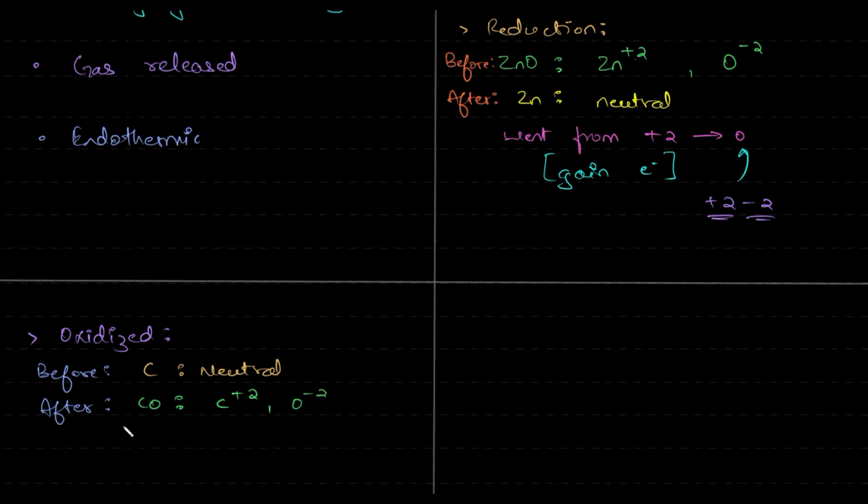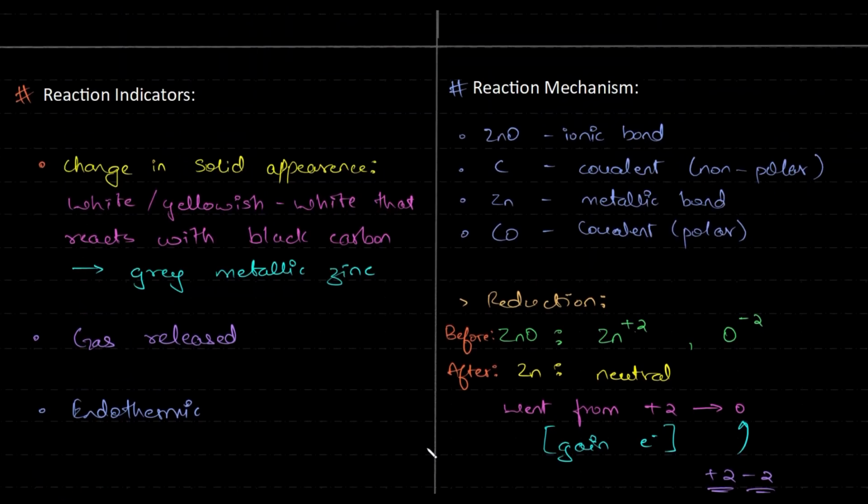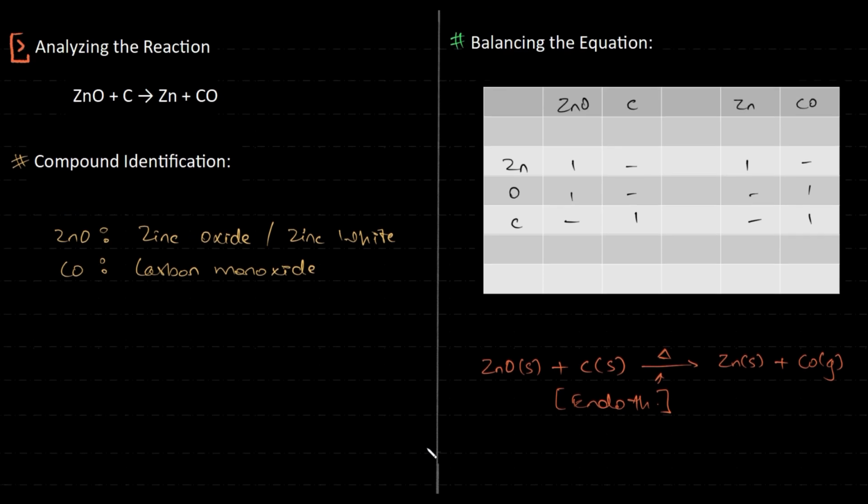So it went from 0 to plus 2. So basically it lost electrons, and this implies it is oxidized. Is it not? So carbon is oxidized. Again, gaining electron means reduction. Losing electron over here is oxidation.